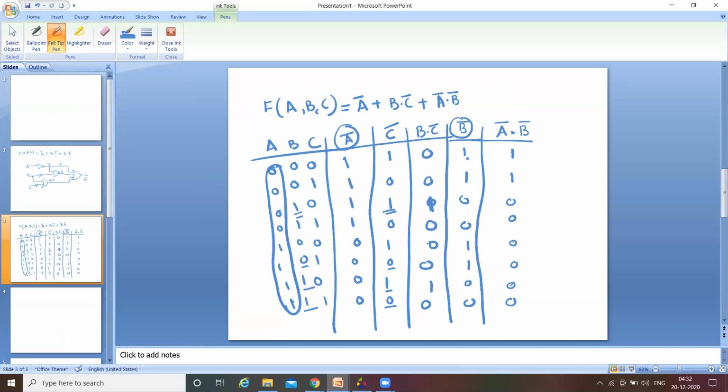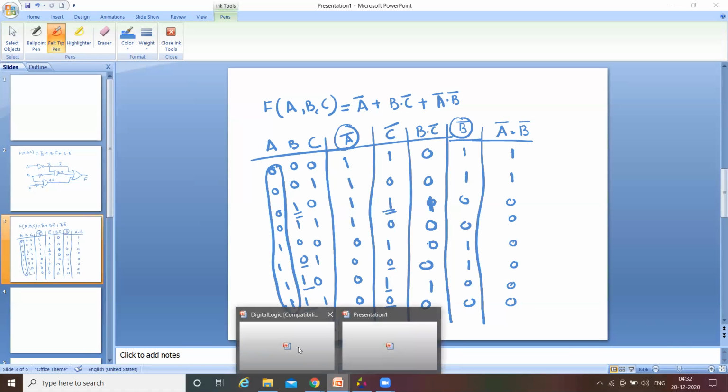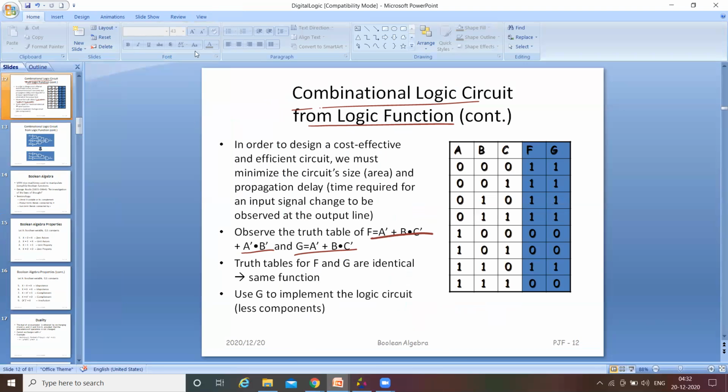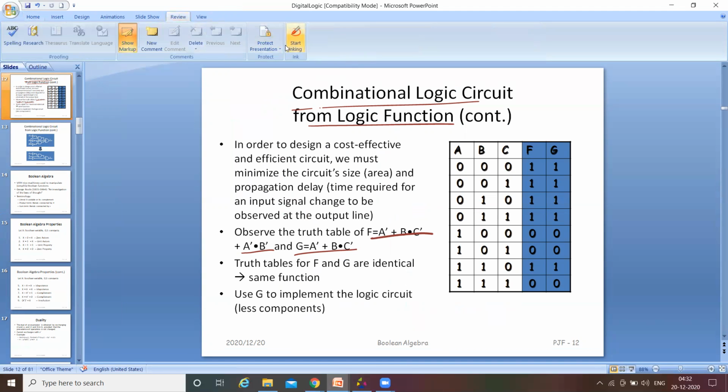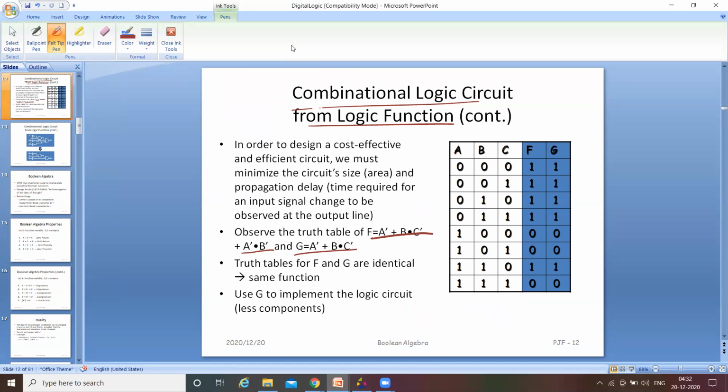So this is the truth table representation of any logical function. Now we'll go back to the presentation slide. Another function is Z. This Z variable is given as Z equals A complement plus B dot C bar.